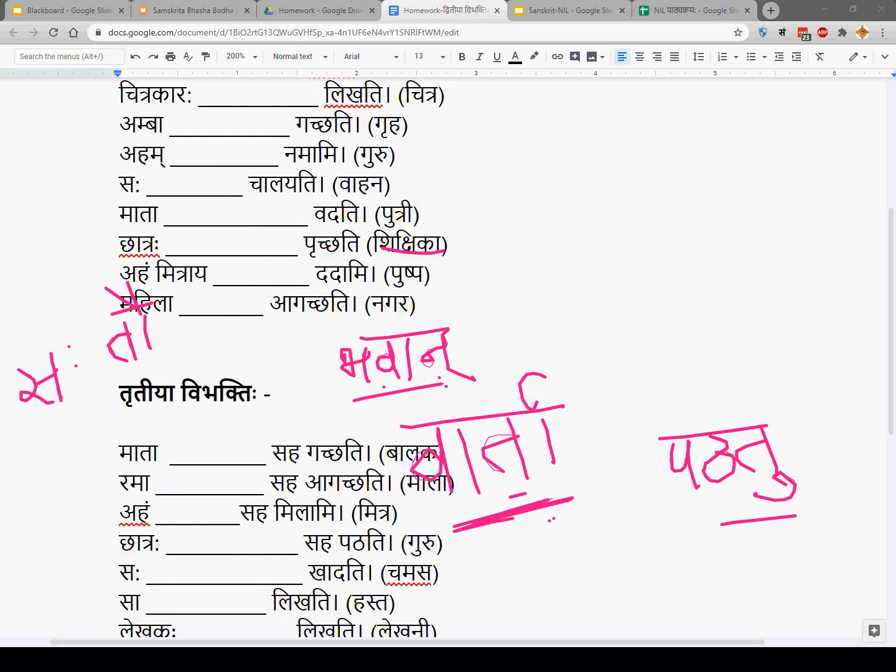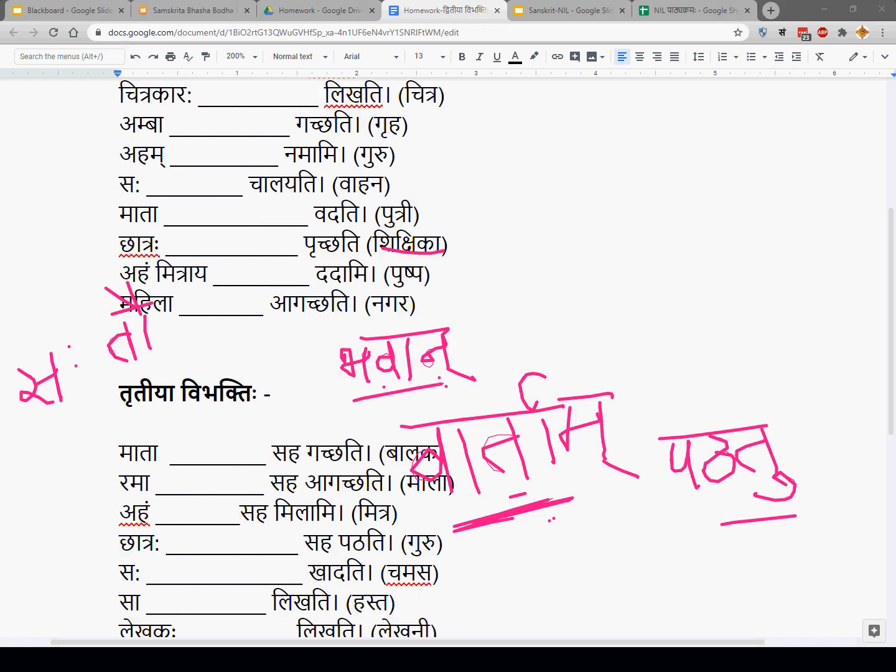Vartam. Does this Varta have to be in Ekavachanam or Bahuvachanam? Ekavachanam. In English it looks like Bahuvachanam.